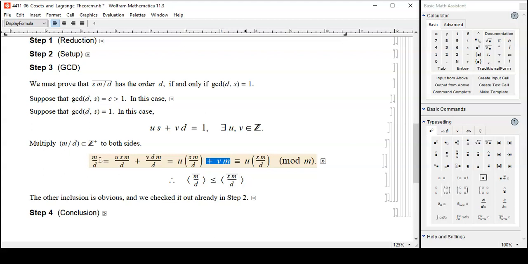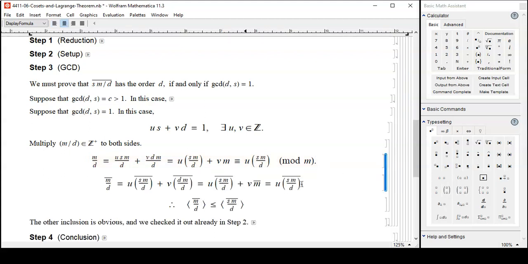So what do you have? m over d is some integer U times Sm over d modulo m. And if you use the bar notation, m over d bar is integer times Sm over d bar. So the generator of this subgroup here belongs to the right-hand side subgroup. So this entire subgroup is a subgroup of the right-hand side subgroup.